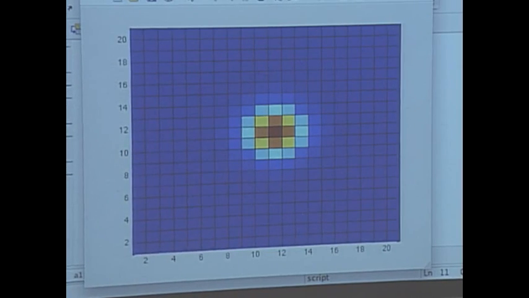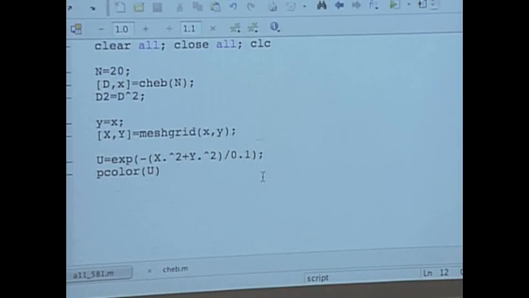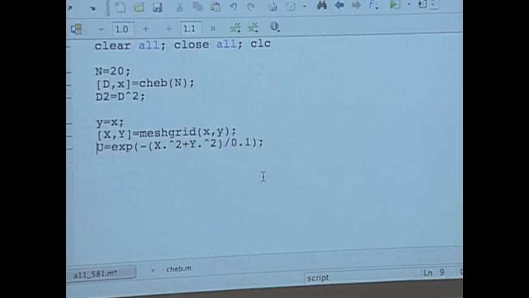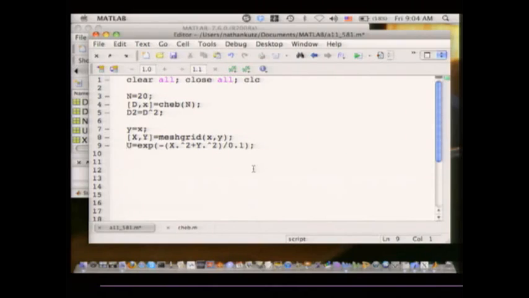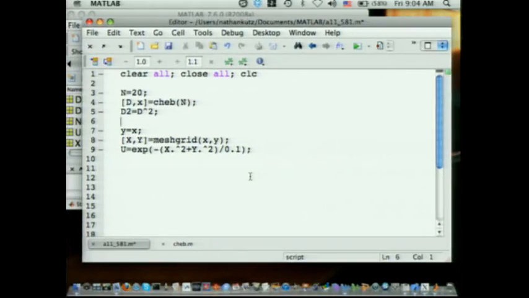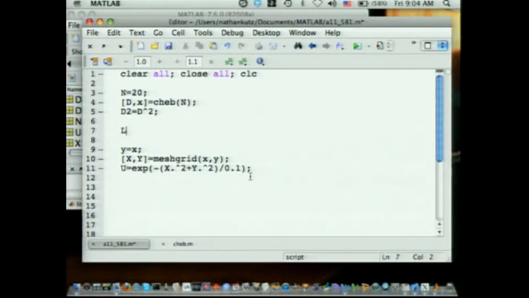All right. So that's going to be our initial condition. We have our domain set up. We have our differentiation matrix. Oh, wow, we need a 2D differentiation matrix. And I need two derivatives in x and two derivatives in y. So let's make an operator called L. And L is going to be this matrix that does two derivatives in x, two derivatives in y, and it understands this directionality.